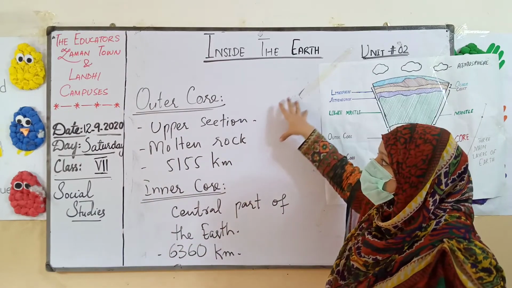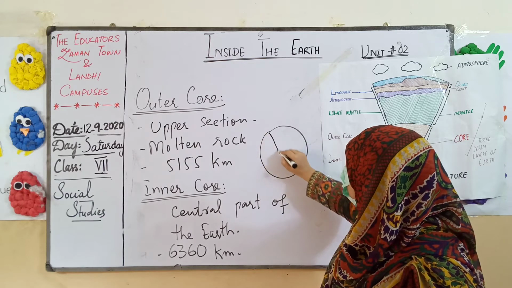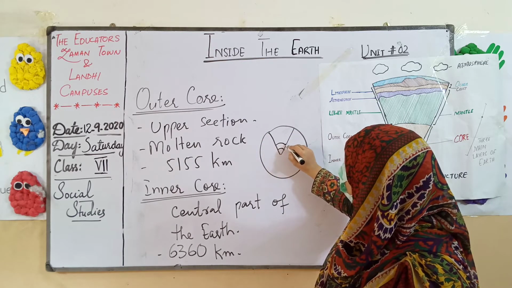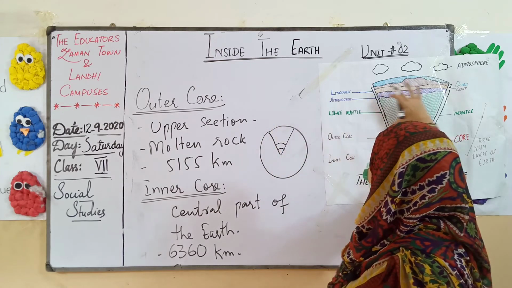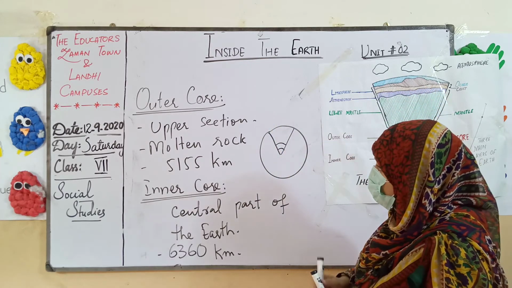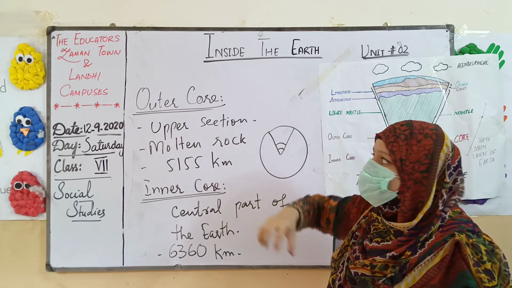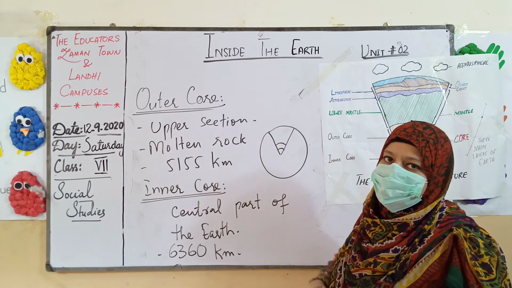Now the innermost part, the inner core and the outer core. Look at this diagram as we have enlarged this into the chart. The innermost part is known as the core, and the core is further divided into outer and inner core.